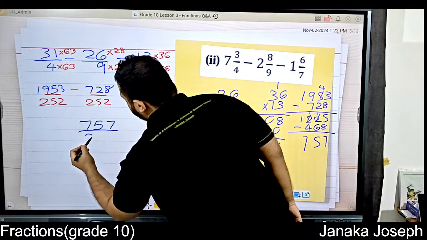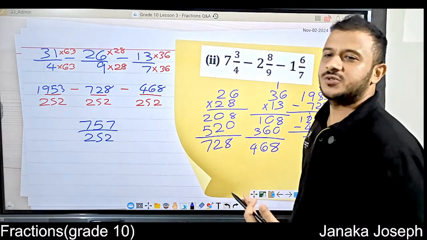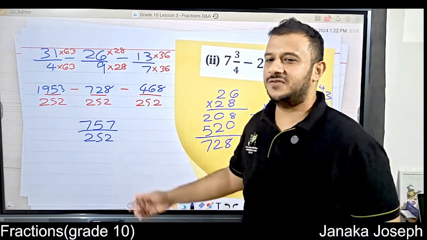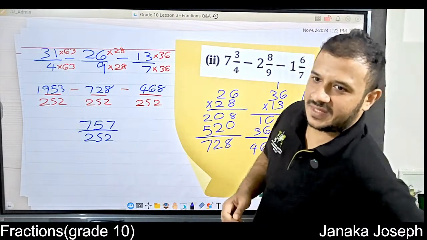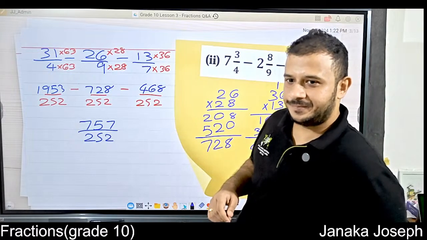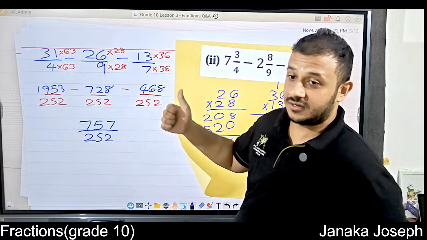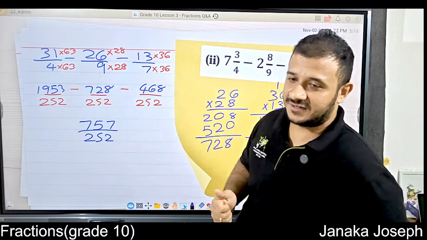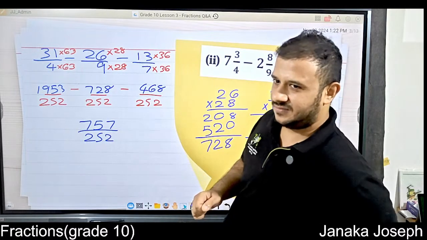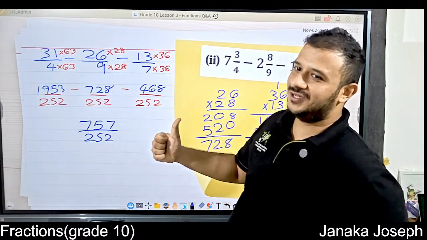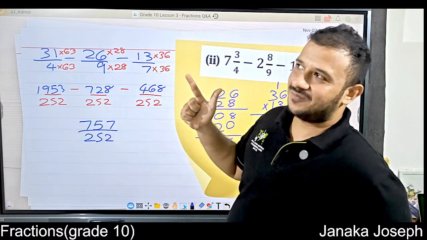757 out of 252. 252 is very close to 250. So 250 times tables, 757 will be like 750. Is the 3. 250, 500, 750. Now 252, that means 2 more than that. So 252, then 504, then triple of 2 is 6.